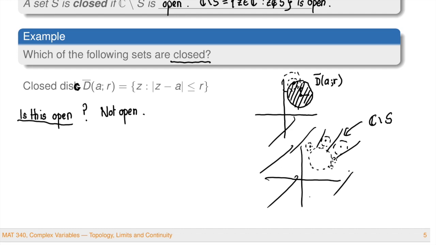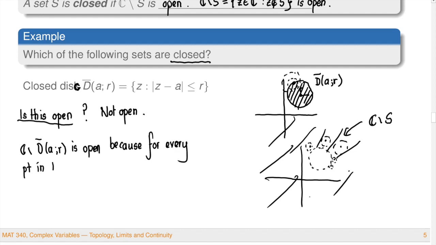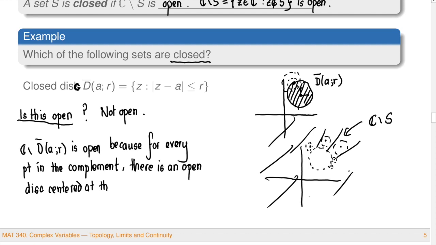So C minus D(A, R) is open because for every point in the complement, there is an open disk centered at that point completely contained in the complement.